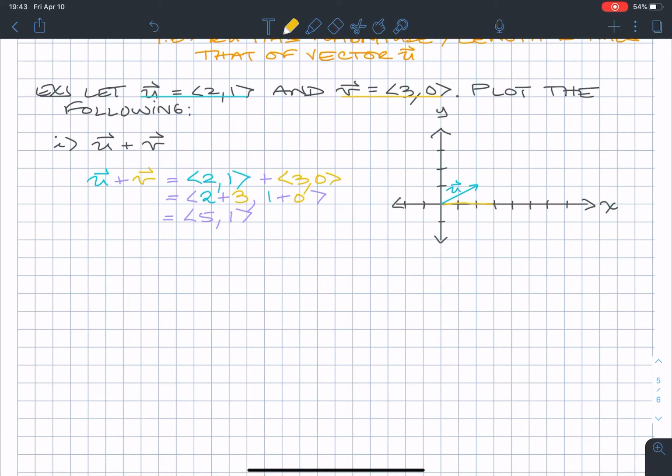That's just to the right 3. And I claim that the sum is over to the right 5, up 1.